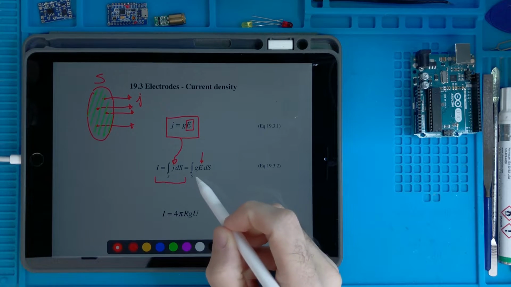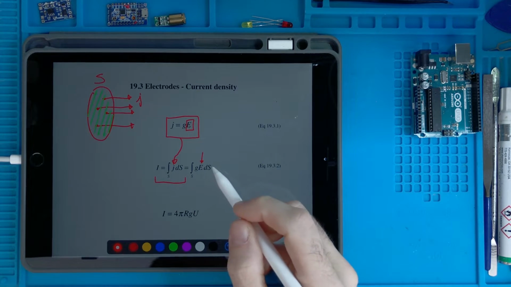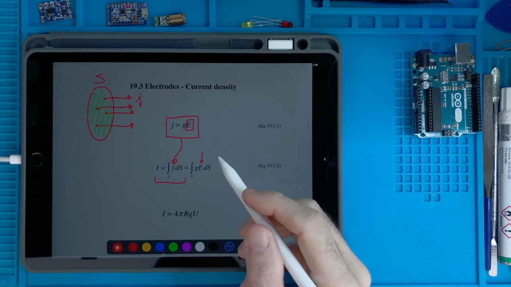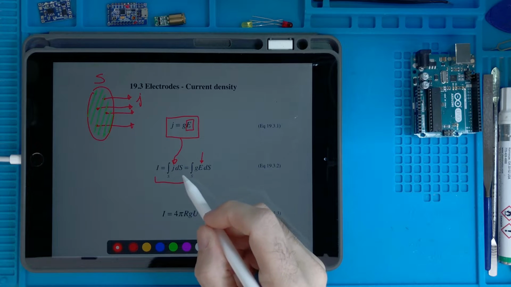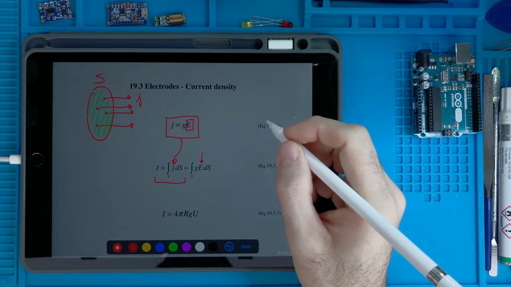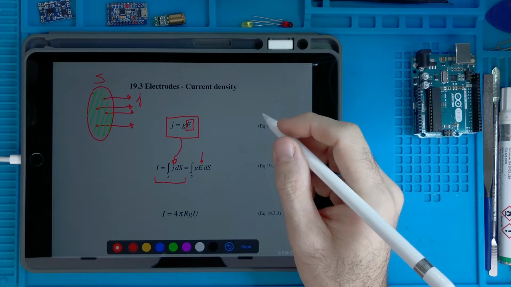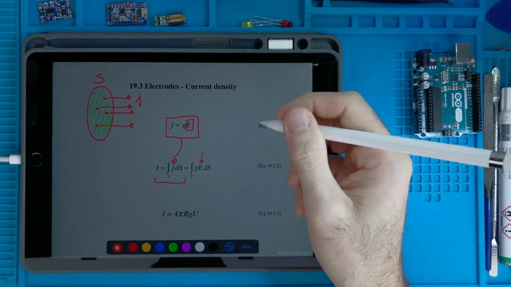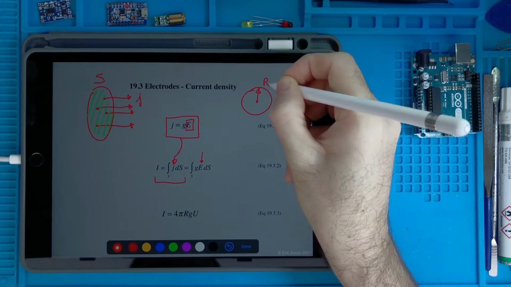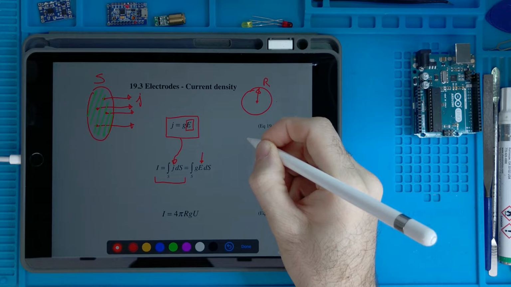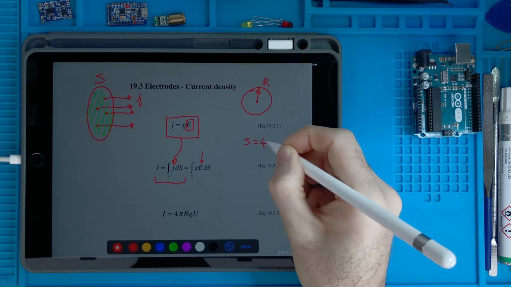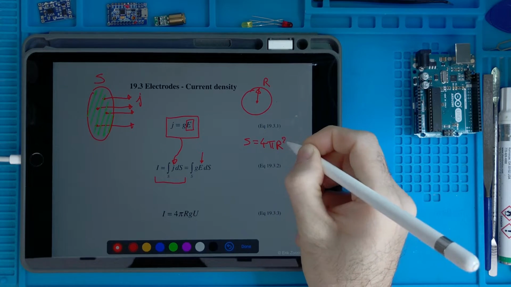It means that this can be simplified in a way that the surface S is the surface of a sphere of radius r, and if we have a sphere of radius r, then the surface of that sphere is 4 pi r squared.